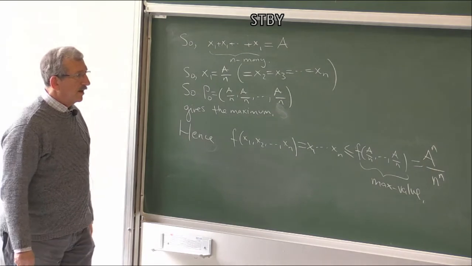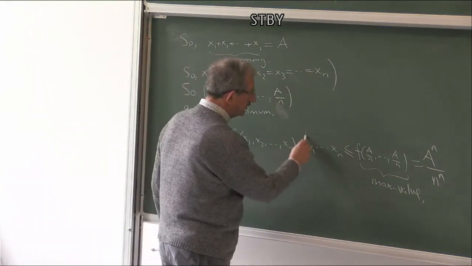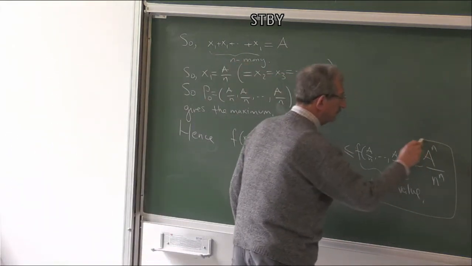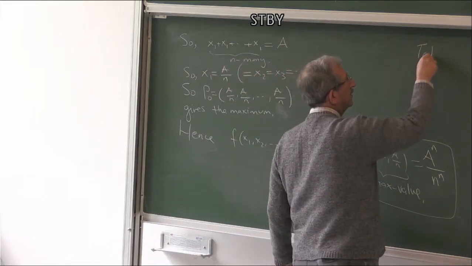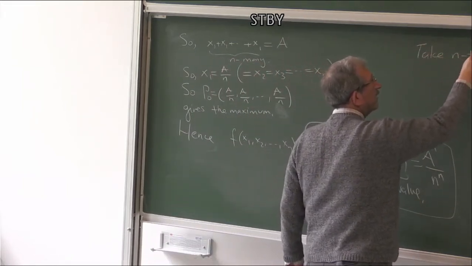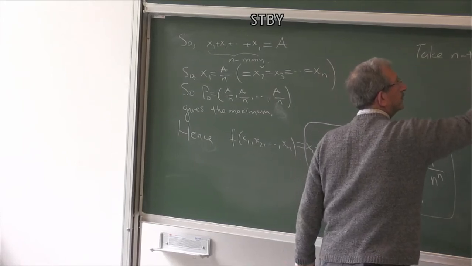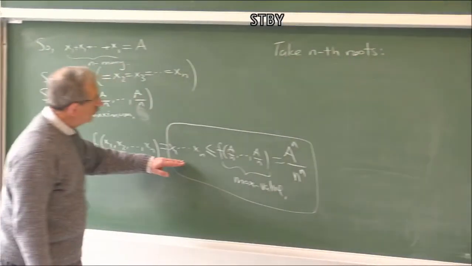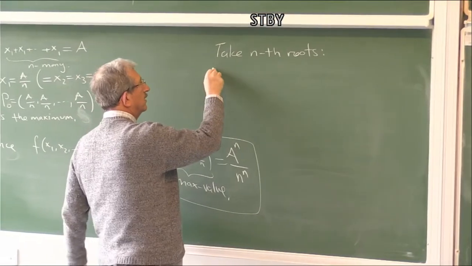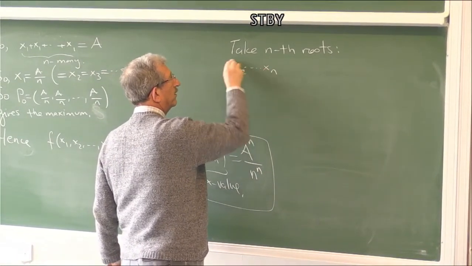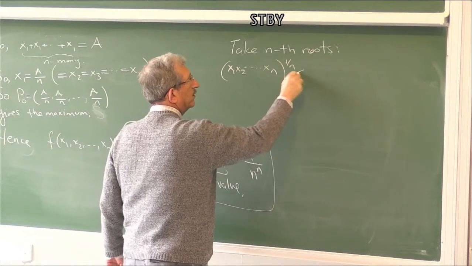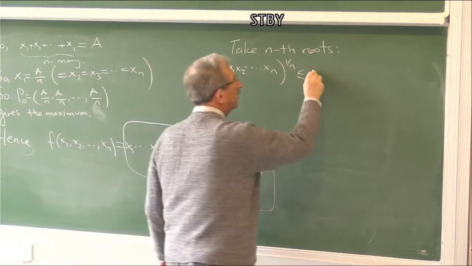Now, in this inequality, take nth roots. Well, one gets the following. The geometric mean is bounded by A over n.